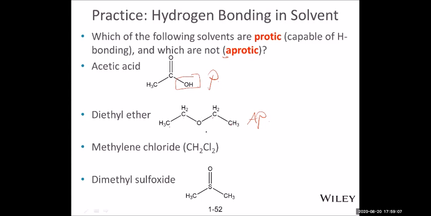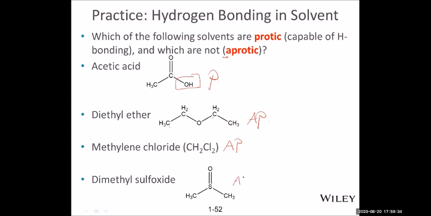Methylene chloride is also aprotic because the hydrogen is bonded with carbon. The methyl sulfoxide is an organic molecule with a CH structure. You can see the hydrogens are all bound with carbon, so that's not able to form hydrogen bonding.